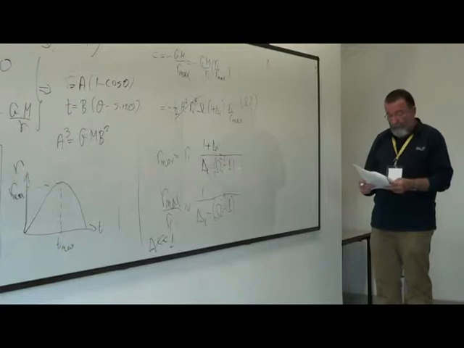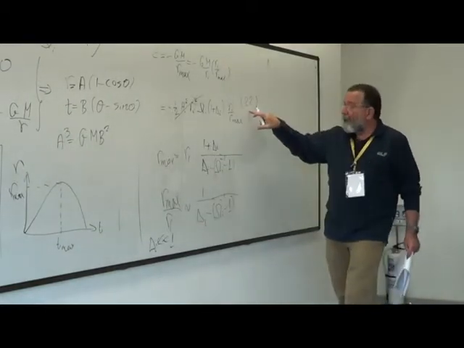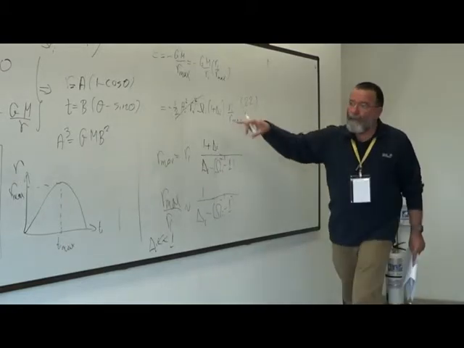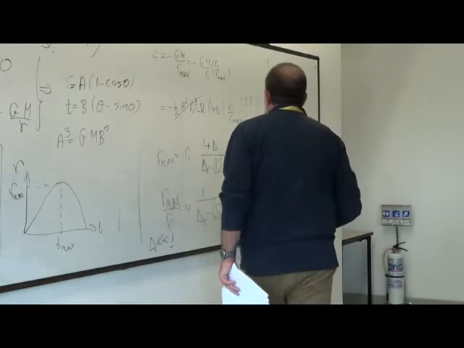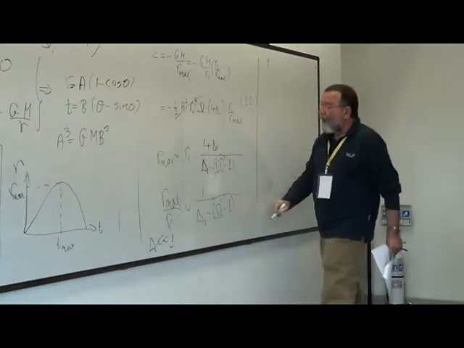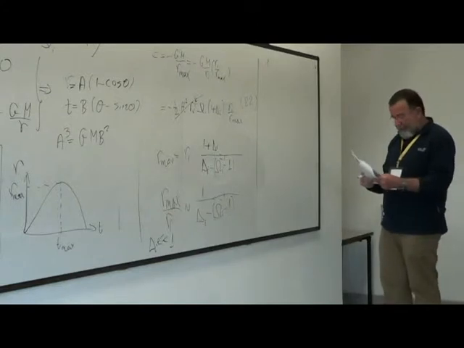Okay, so we now have this R max in terms of a combination of omega, M and energy, expressed in time, in units of the initial time. I just skipped one step here.